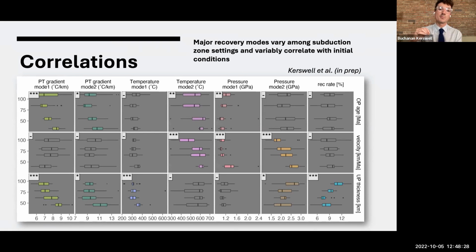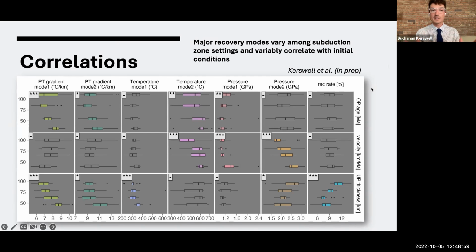But the deepest markers that get recovered, which is represented by pressure mode 2, the orangey colored box and whisker plots, second to the last on the right, more strongly correlate with convergence velocity and correlate slightly more weakly with the thickness of the upper plate.